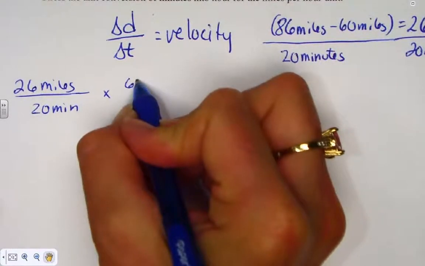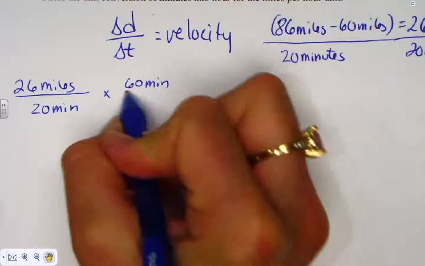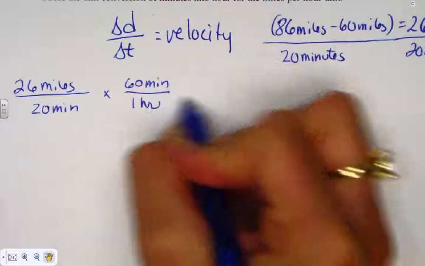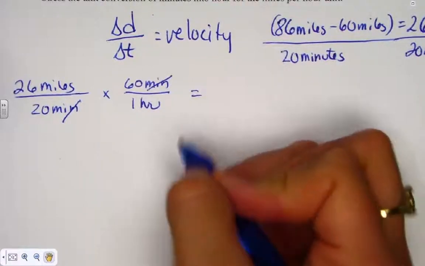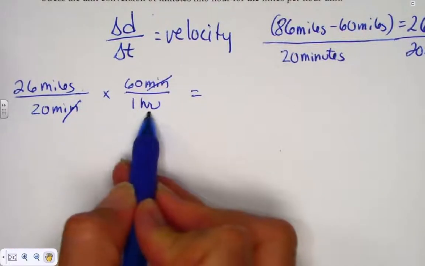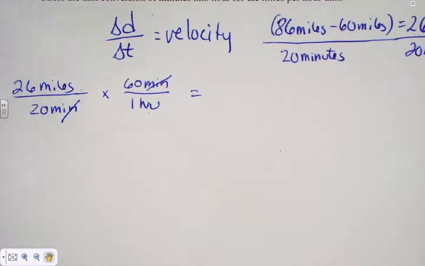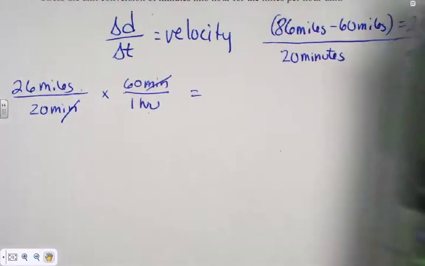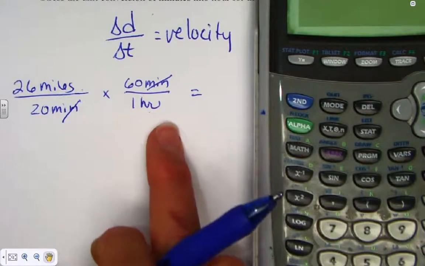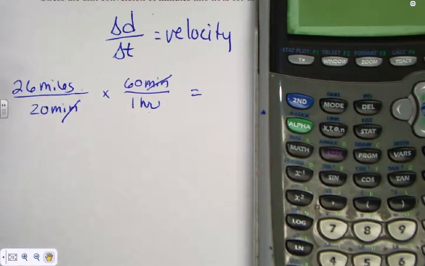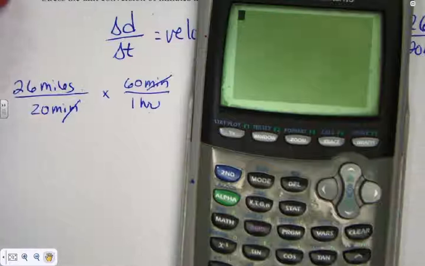We know that there are 60 minutes in every 1 hour. And all this is going to do for me is cancel the minutes, and now I'm left with miles per hour. So I can clearly just kind of set up a conversion factor, a series of equivalent values that allow us to cancel units, and it's a practice skill that this chapter emphasizes.